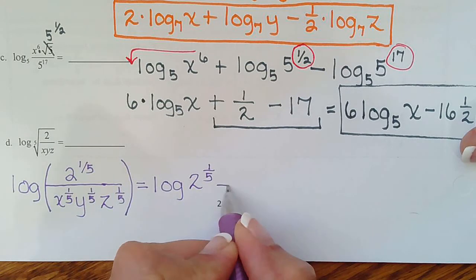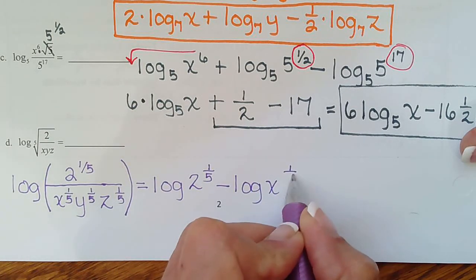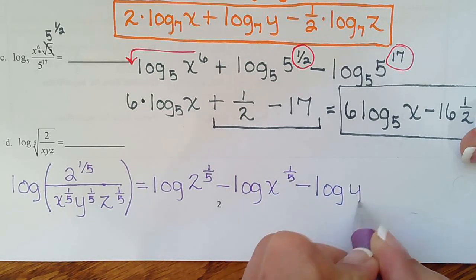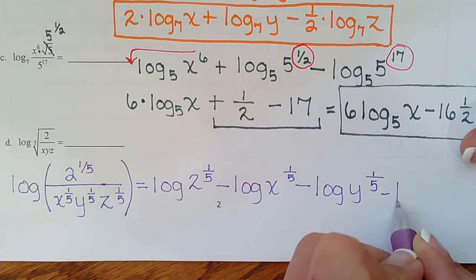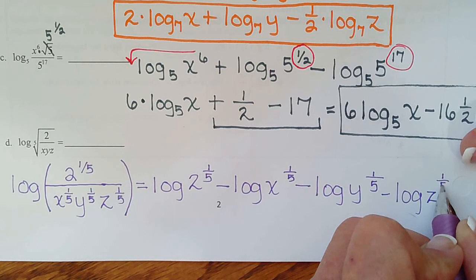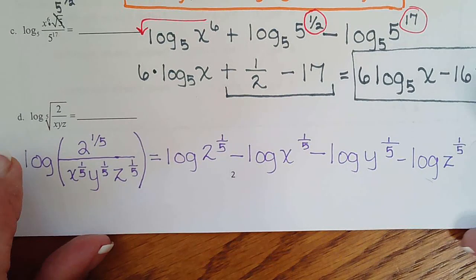So minus log x to the 1/5 minus log y to the 1/5 minus log z to the 1/5. So all of them are negative because they are all in the denominator.